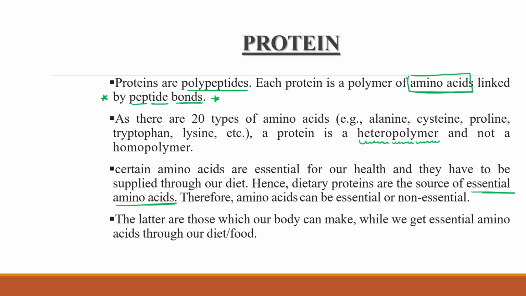But our body can make those non-essential ones. Only those for which our body is not able to synthesize come under the essential category. We have to take them from outside with our foods, with our dietary habits.